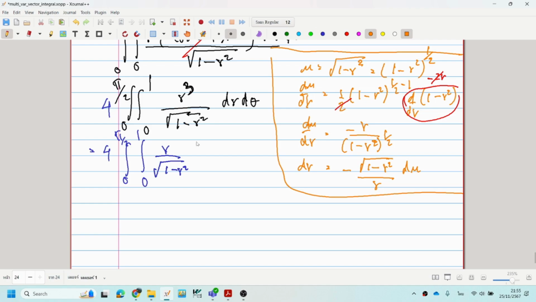And repeat the orange color. This one, the orange part, is the square root of 1 minus r squared and r, right, and du.